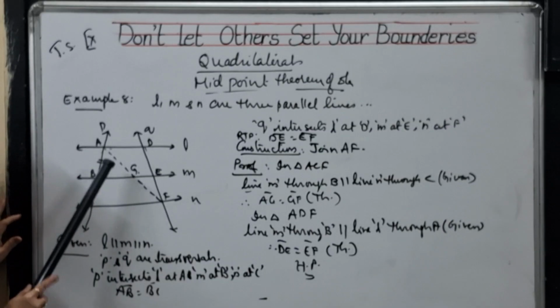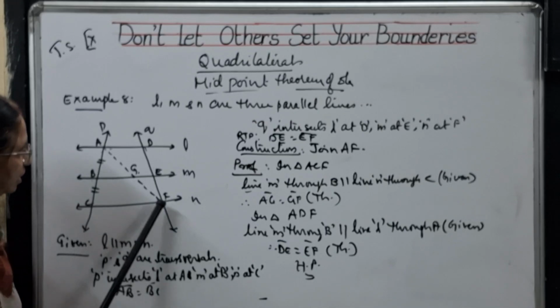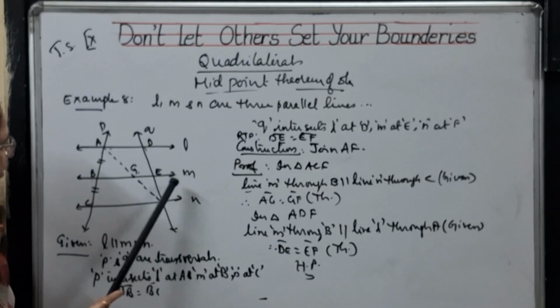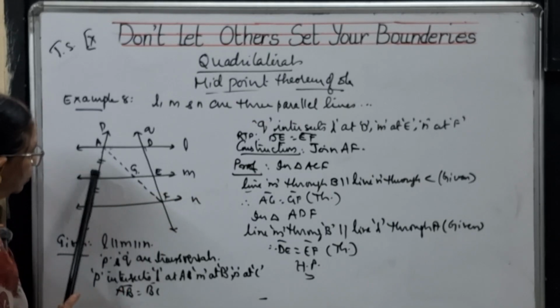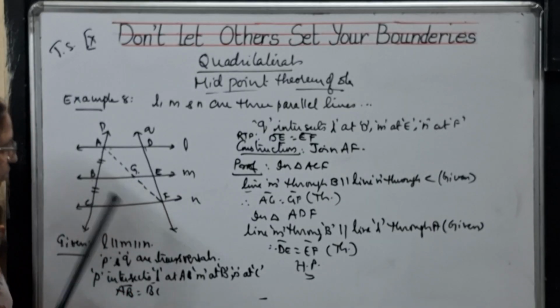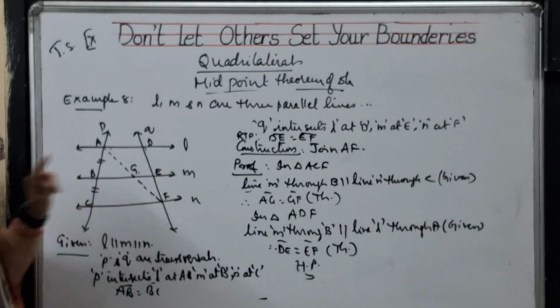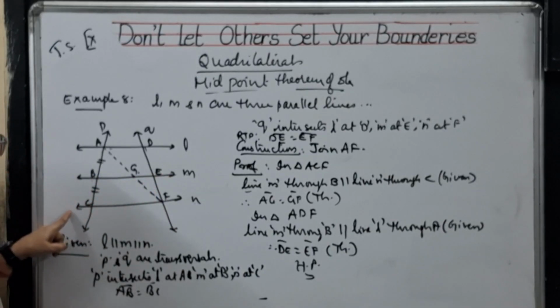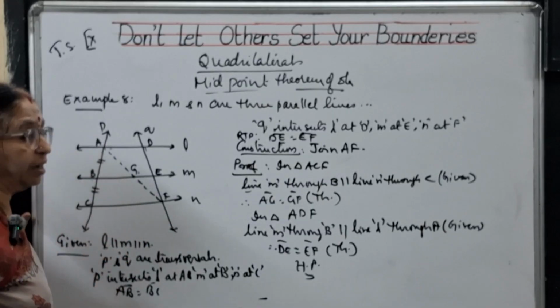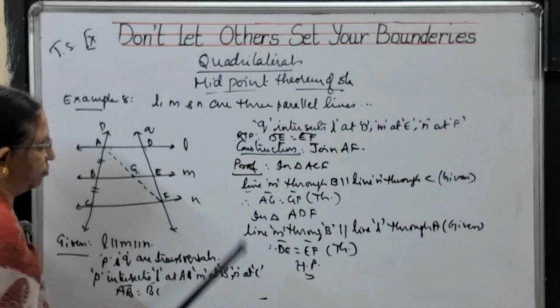For this we need a construction, that is join AF. When you join AF, see children, in triangle ACF, line M through B is drawn parallel to line L through C. That means, through the midpoint of one side of a triangle, a line is drawn parallel to the other side. Then it bisects the third side, we have proved in the theorem. So directly we can say AG is equal to GF.